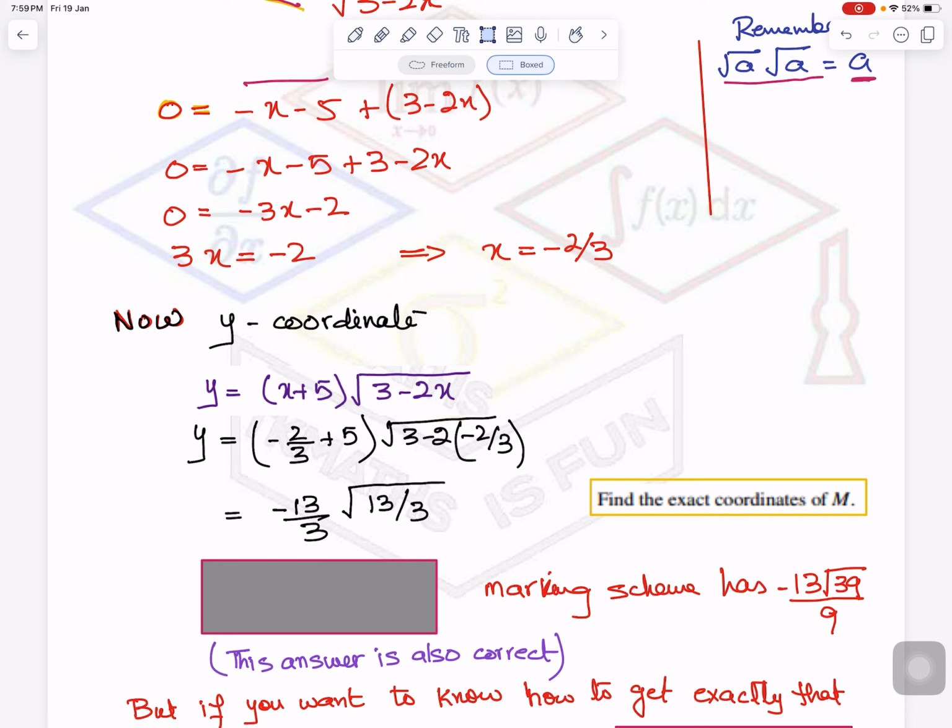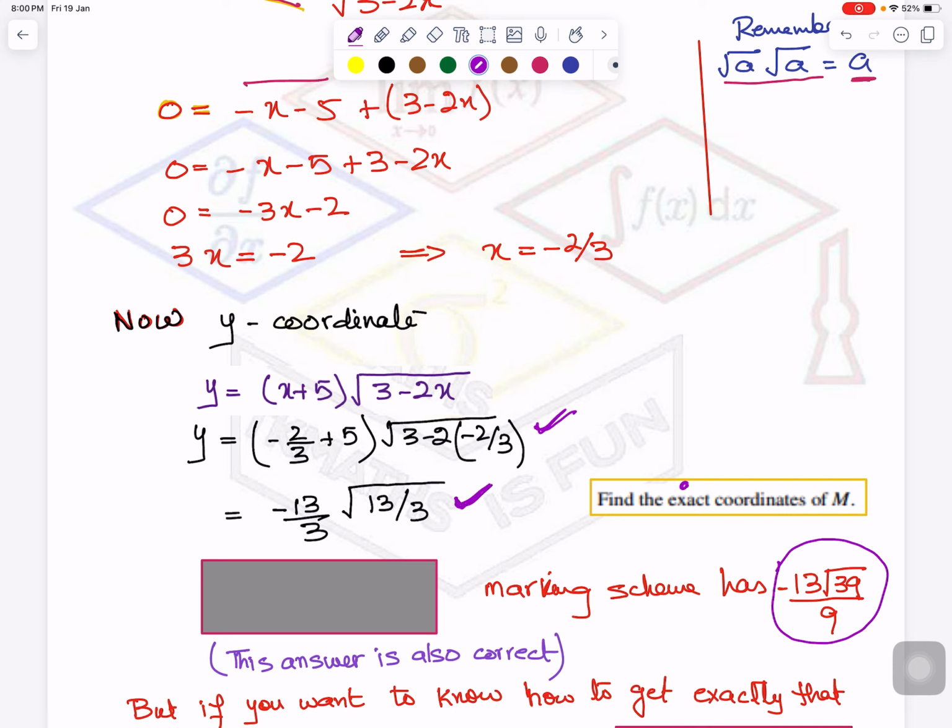Here you can see I have simply used a calculator and I got this value. But when I check the marking scheme, it was given this answer. Because the question was only saying find the exact coordinates, this is fine.